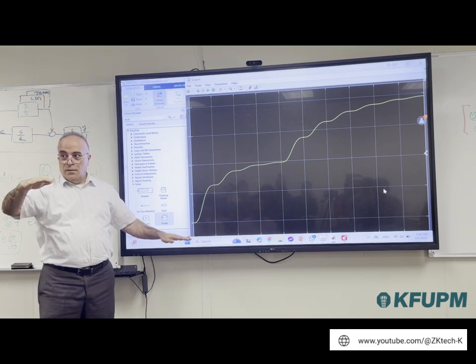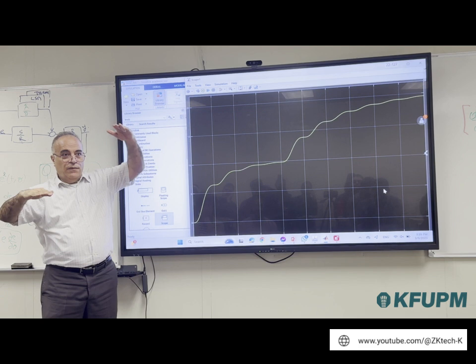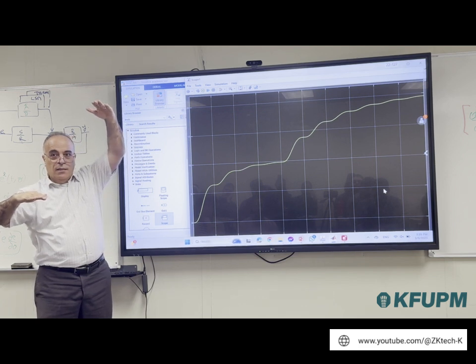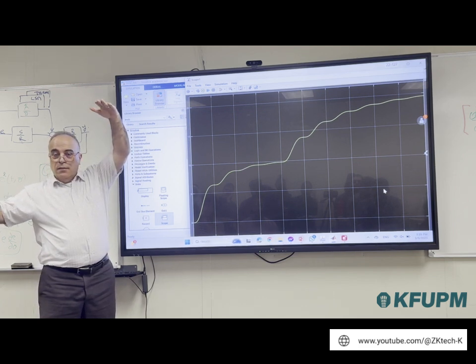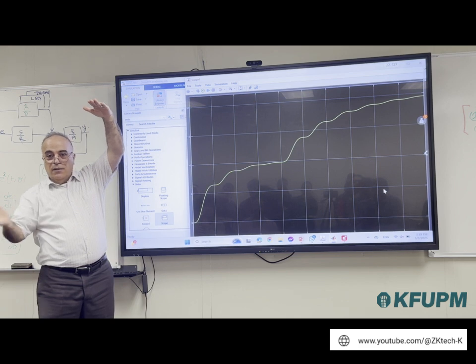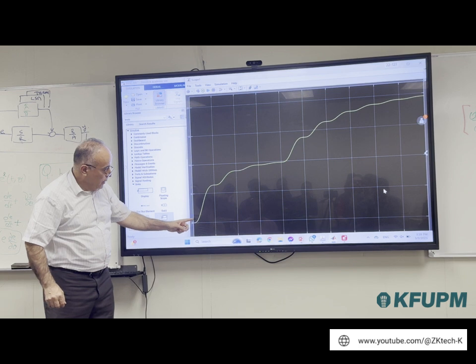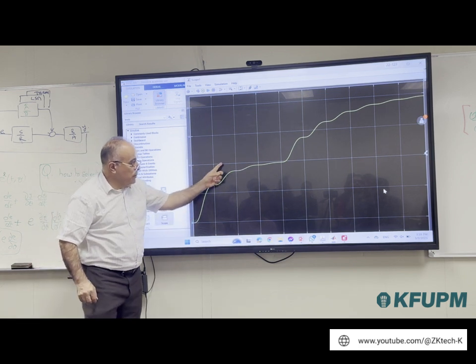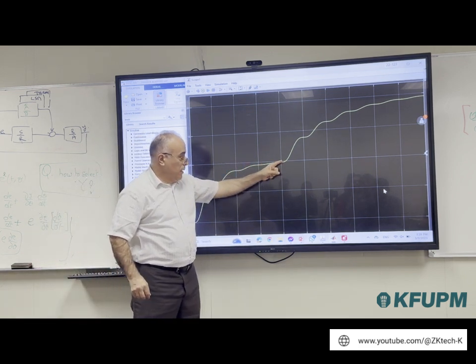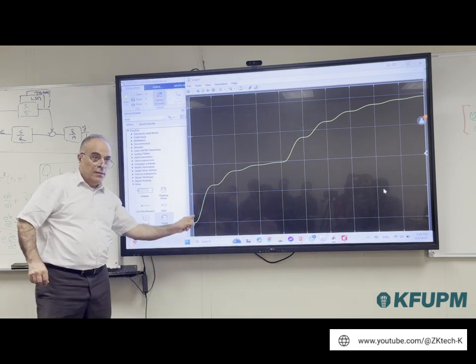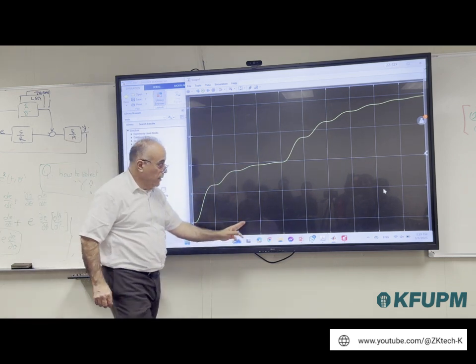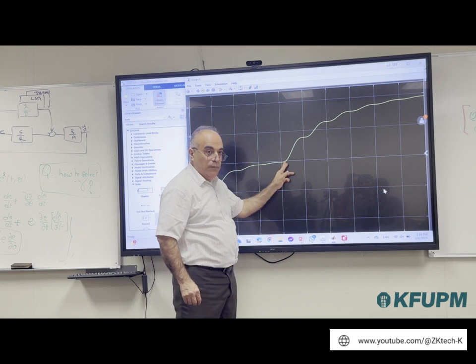My system is 1. So theta has to be equal to 10. If the reference signal is 10 and K is equal to 1, the difference between them is a factor of 10. So theta starts changing and the target is to reach 10. And the speed of convergence is this. It takes theta 20 seconds to reach the value of 10.